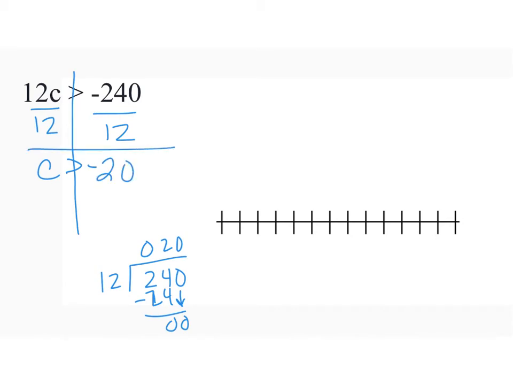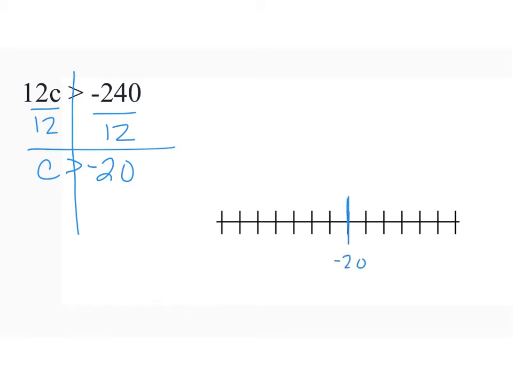Okay, now I have to be careful here. I did divide both sides by something, but I did not divide it by a negative. Even though my answer was negative, I divided by a positive 12. So therefore, I'm going to keep my sign the same, and my answer is c is greater than negative 20. So I'm going to go ahead and plot my negative 20.